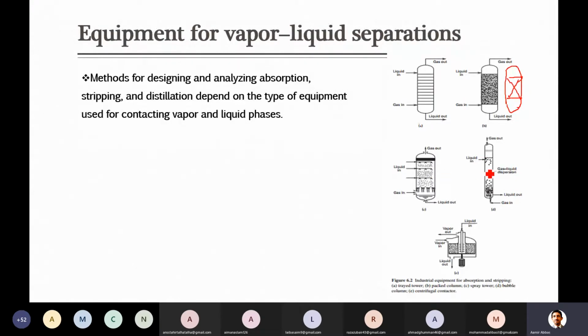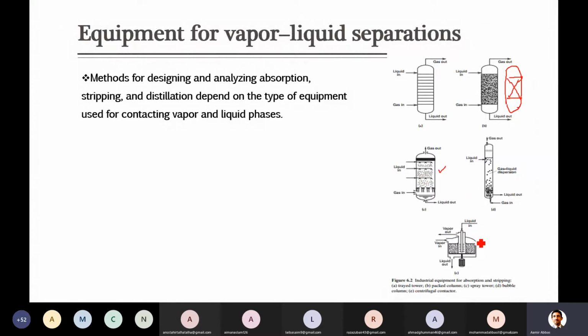So contact between the liquid and vapor will be better in the spray tower, because the liquid is more distributed in the form of droplets, and whenever we have small droplets the contact area increases. There is more contact of these small droplets with the gas molecules. If it is a continuous stream, gas will just bubble through it, and the contact between the liquid and vapor will be less.